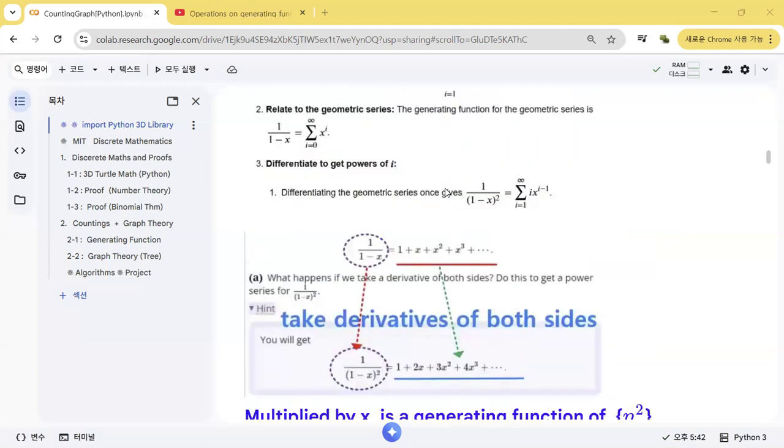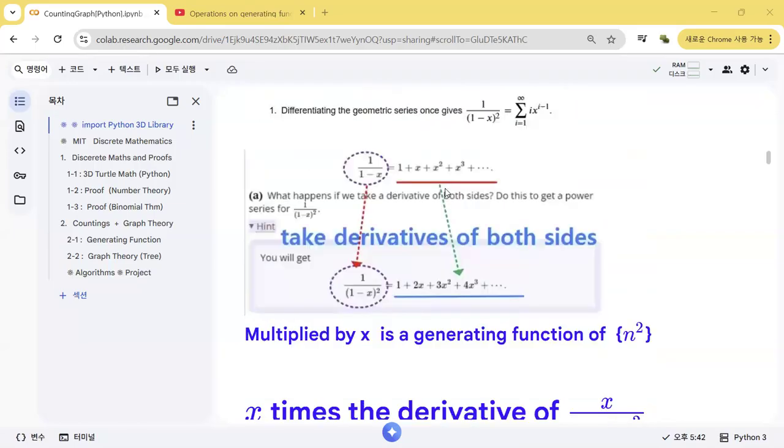Okay, so in this case, they use Taylor series and differentiation, but you can also get it with the binomial method. Then let's find another method. That is how to find 1 over 1 minus x squared.